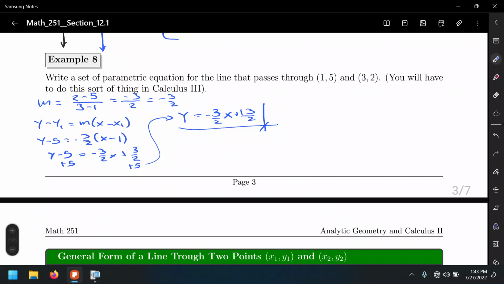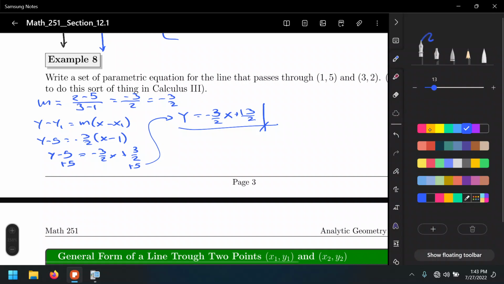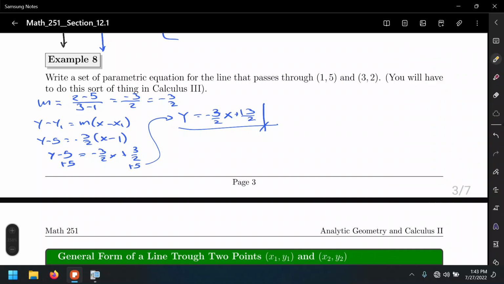Now, one important thing here is the following. When it comes to interpreting the slope, recall that the slope is the ratio of the rise to the run.